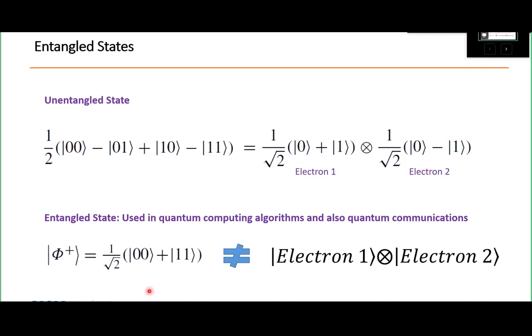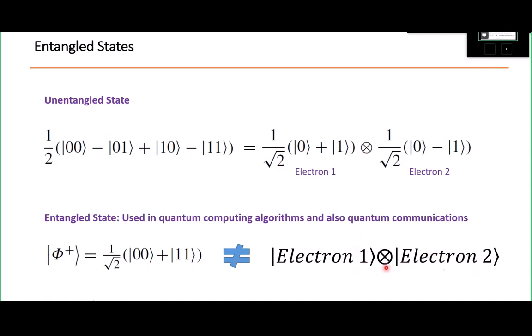But there are some states, for example, this particular Bell state. It is also a superposition of 2 basis states, 0 0 and 1 1 of 2 qubits. But it doesn't have the components of 0 1 and 1 0, which means the coefficient in front of them is 0. You cannot factorize it into the tensor product of 2 subsystems, 2 electrons.